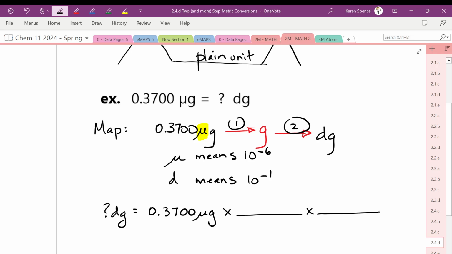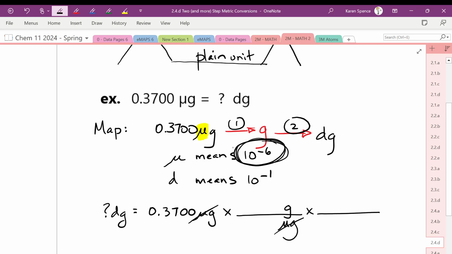What do I need to put on the bottom of that first conversion factor? Micrograms, yes. And on the top? Grams. The micrograms will cancel out, so you need to show them canceling out. Now, micro means 10 to the negative 6. Where does the 10 to the negative 6 go?